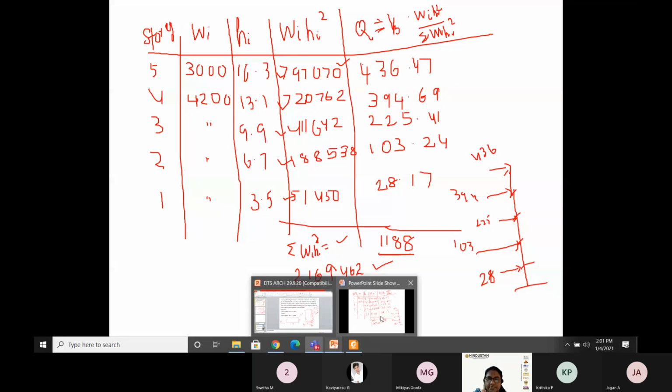Nothing is considered in static analysis. It is just assumed that the entire dead load and live load is lumped at the particular floor level, and using that and the height of the building, the earthquake load is calculated. This is the static method of analysis.